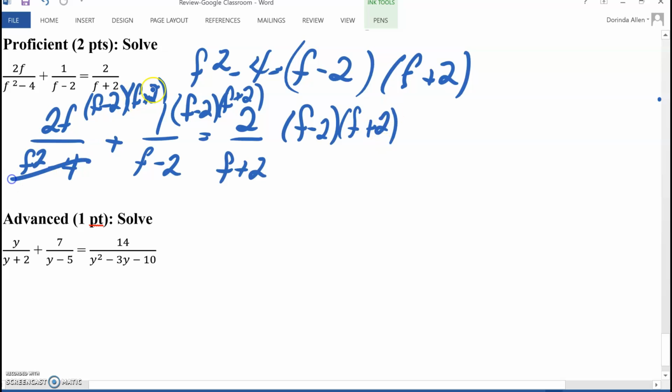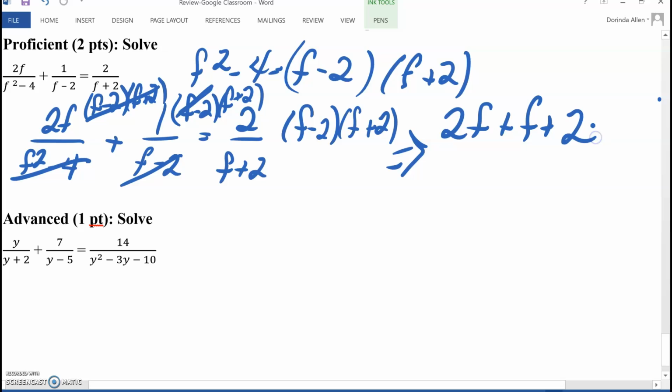So this will cancel both those out, and I just have 2f. That's not over anything. This cancels this out, and 1 times f plus 2 is f plus 2. And this will cancel this out, and 2 times f minus 2 is 2f minus 4.